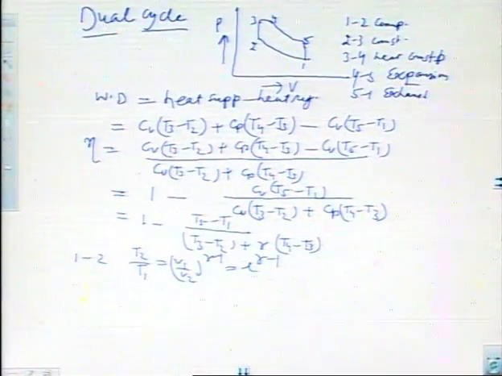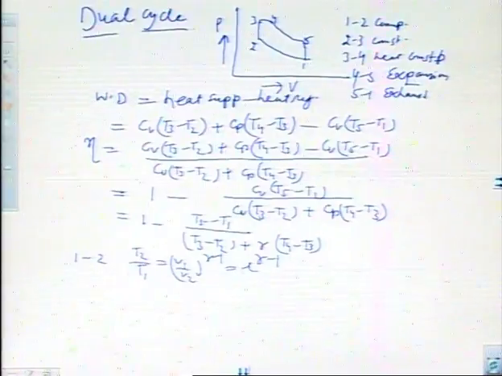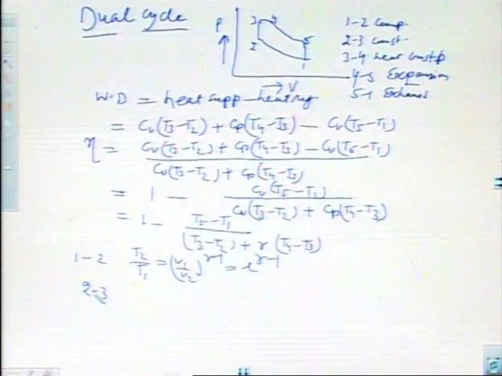Now, second, 2 to 3 process, that is constant volume process.